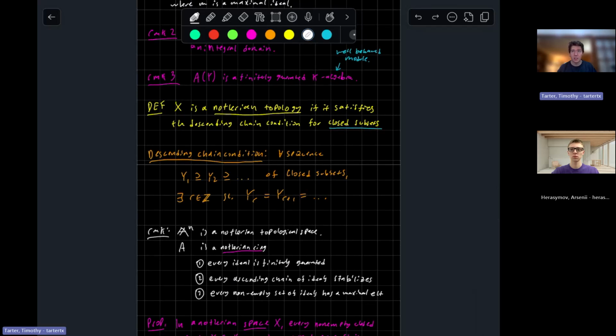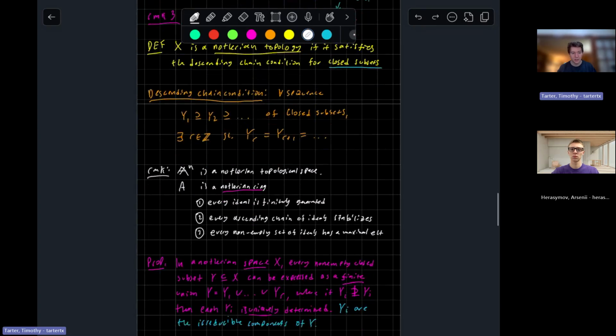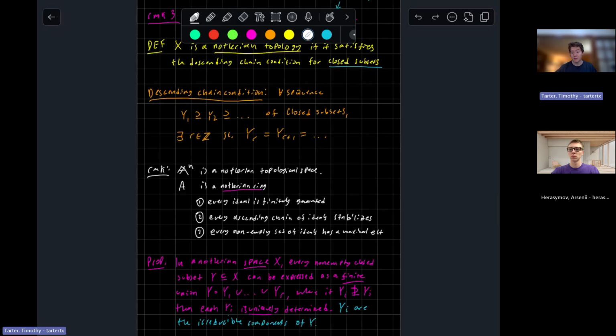The condition for Noetherian ring comes out of Hilbert's basis theorem, which we use a lot, so hopefully you guys are familiar with it.